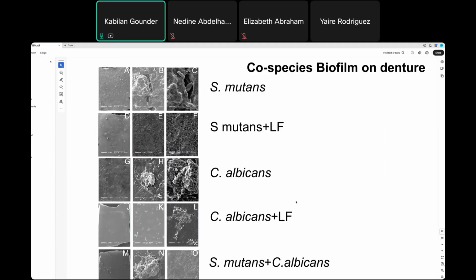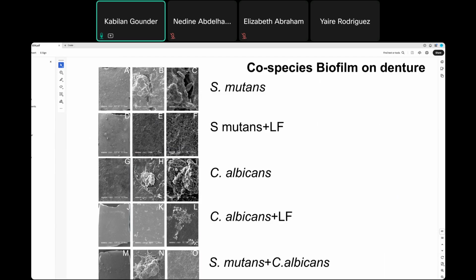Similarly, we detailed the structure of the co-species biofilm on the denture. You can see a low magnification and a higher magnification. This is Streptococcus mutans forming biofilm on the surface of the denture, and when treated with human lactoferrin, the Streptococcus mutans biofilm on the surface was significantly reduced.